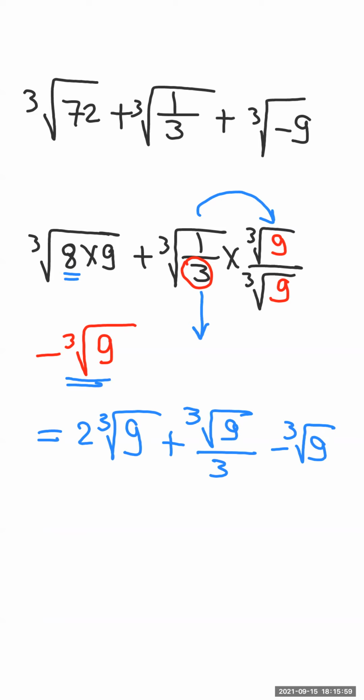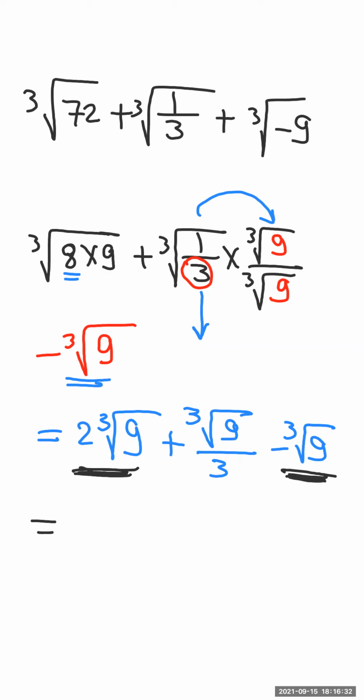So now 2 cubic root of 9, and here cubic root of 9 over 3, and then minus cubic root of 9. Here 2 cubic root of 9 minus cubic root of 9 means cubic root of 9.